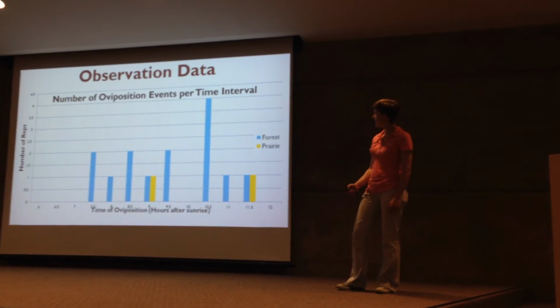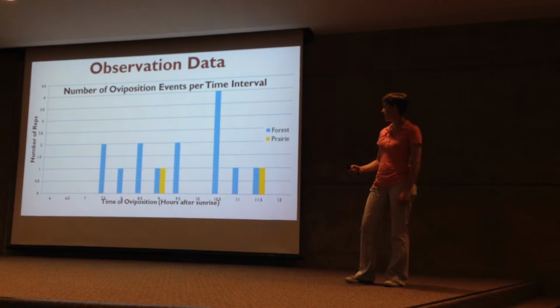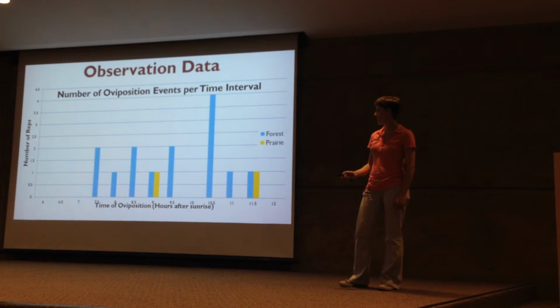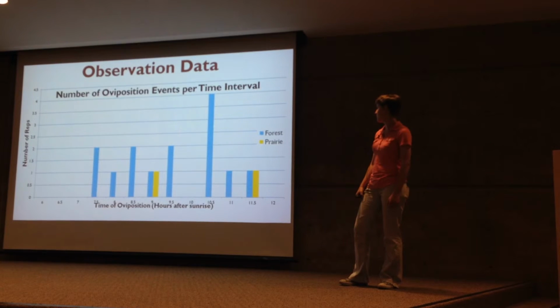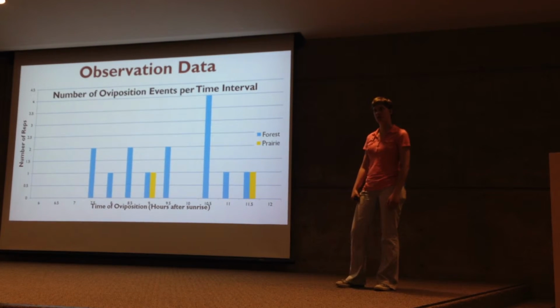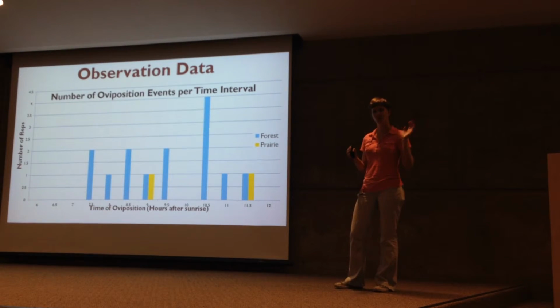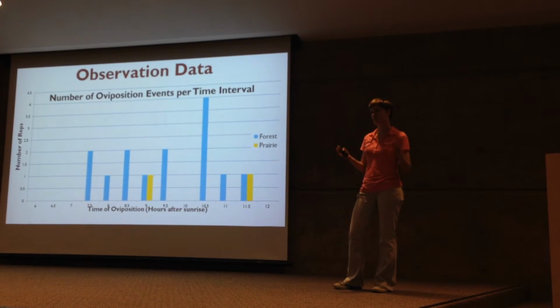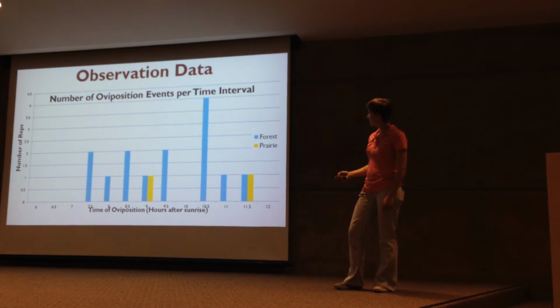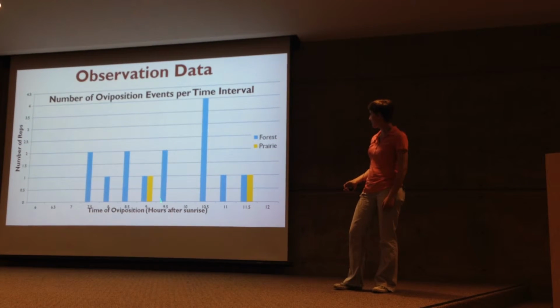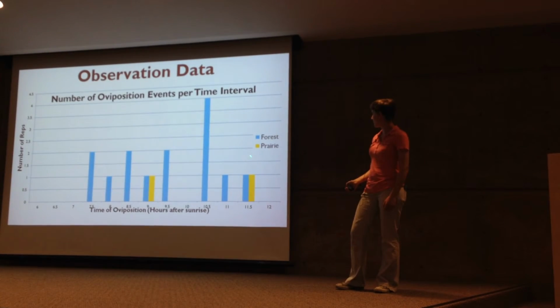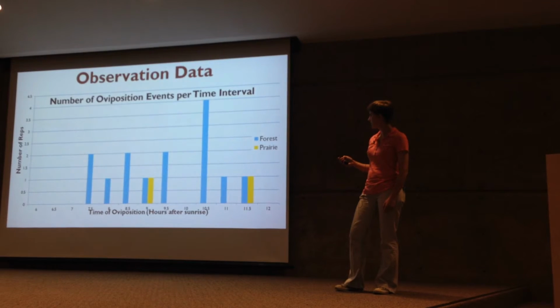Oviposition time varies anywhere from 7.5 to 11.5 hours, which fits a previous study that found oviposition occurs mainly between 6 and 12 hours after sunrise. And you can see that the prairie oviposition is occurring later in the day.